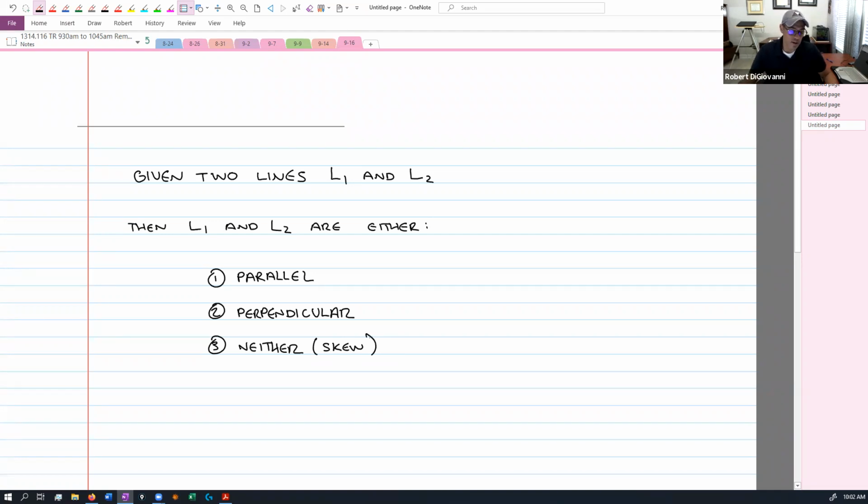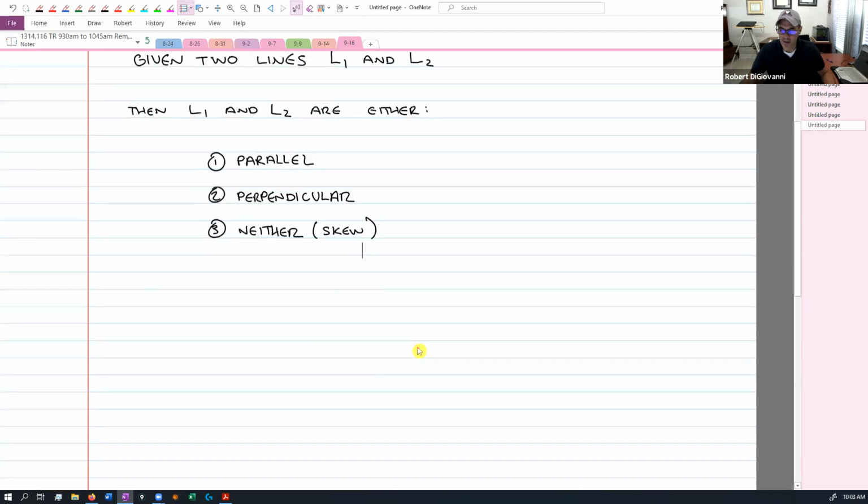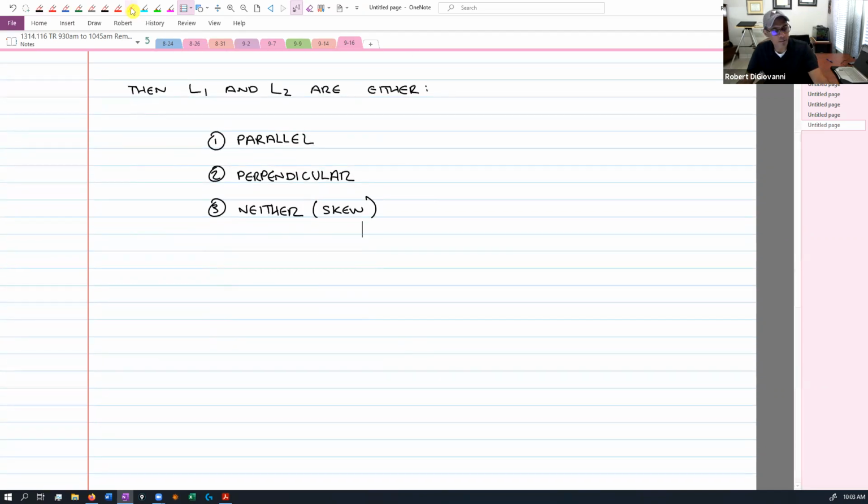Now, when I say I give you two lines and they're either parallel, perpendicular, or neither, we need to all understand what parallel and perpendicular mean. I know a lot of you probably do, but let's talk about it because it's actually kind of an interesting idea. Let's talk about parallel first. Two parallel lines, what does parallel mean?